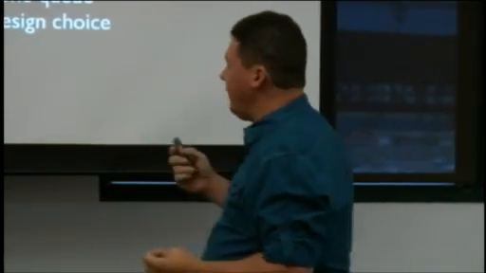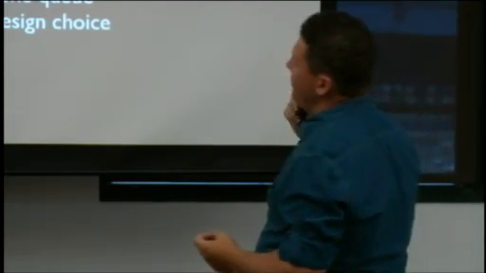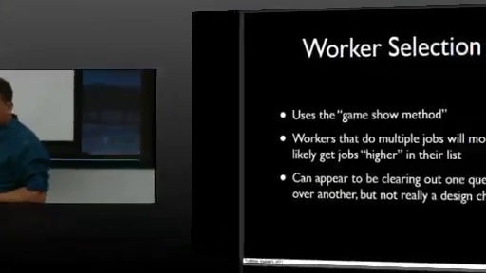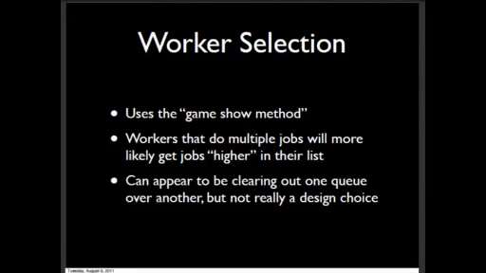Within a job type, the worker is picked to do the work using what I call the game show method, which is essentially like Jeopardy. First, the Gearman D sends a wake up out to every worker that knows how to do that job type, and the first one that he gets a connection back from, he gives the job to.